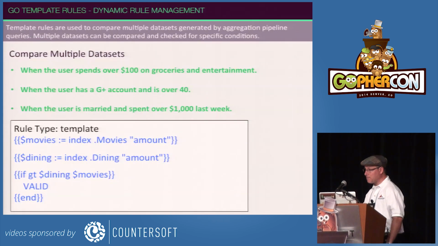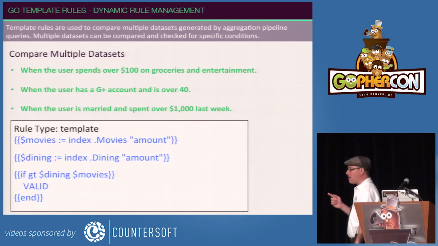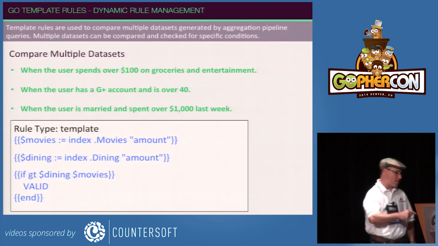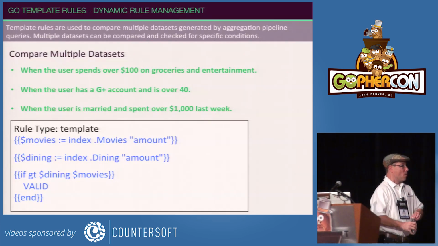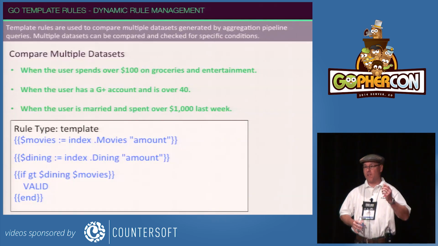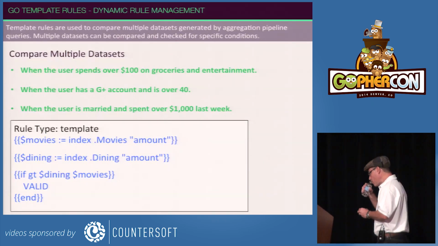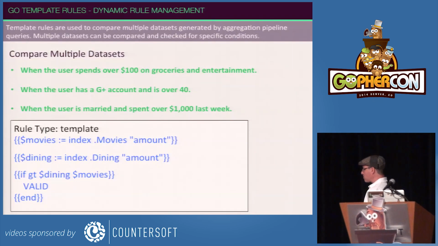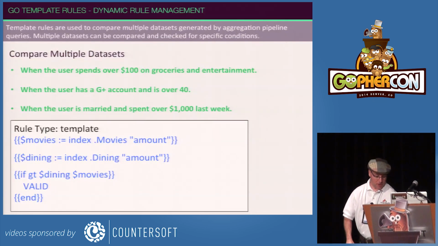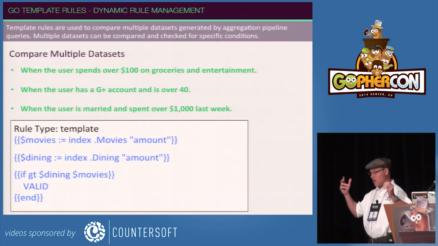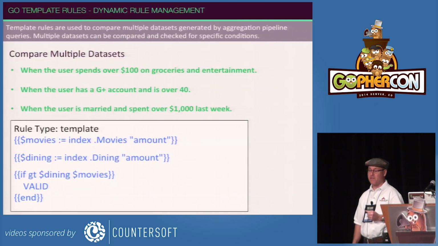Now, the one thing, and MongoDB solved this in their latest version 2.6, I didn't have it yet, was the aggregation pipeline can only run against a single collection. So that restricted me on some of the rules that I could build because the rule was only going to be based on one collection of data.